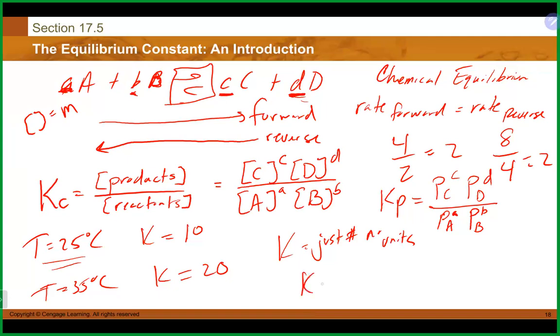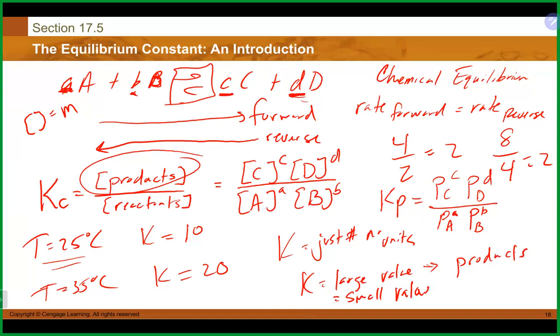So if you have a large value of K, that means when you reach equilibrium, you should mainly have products present. Large K means you mainly have products. And if you have a small value of K, that means you mainly have reactants present.